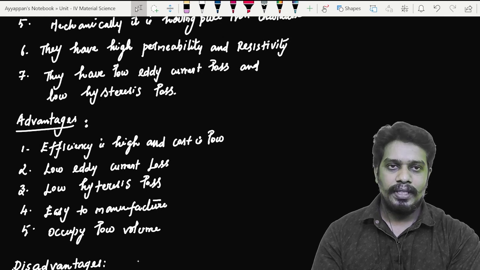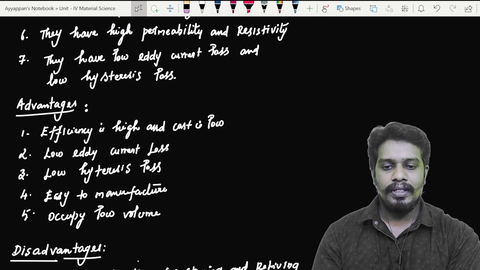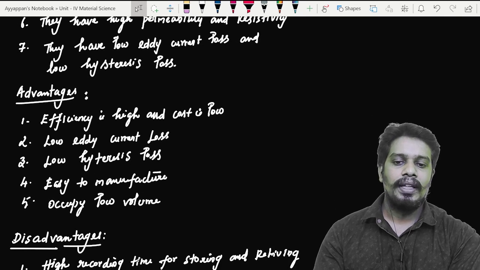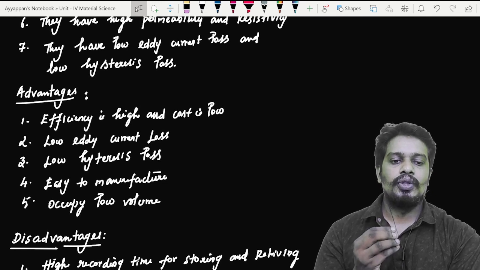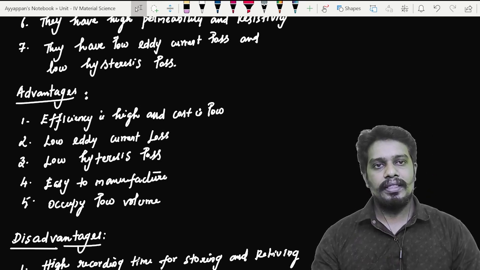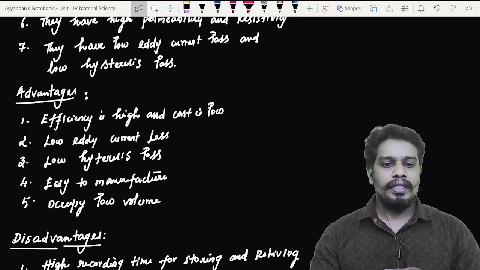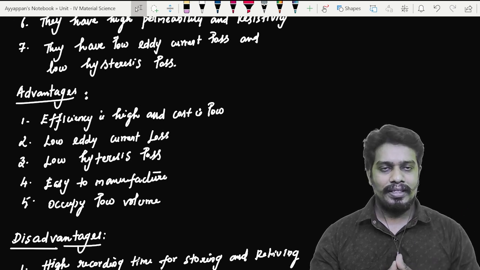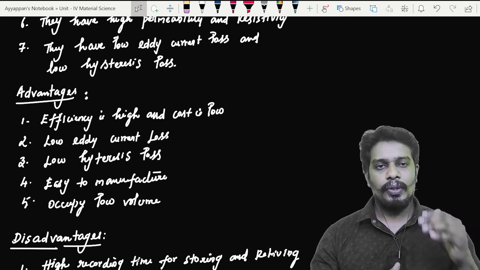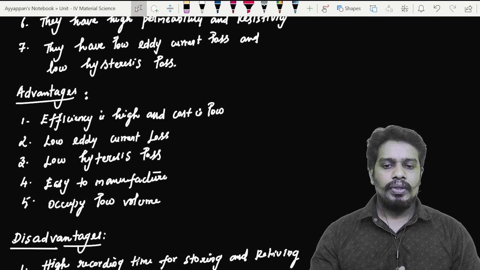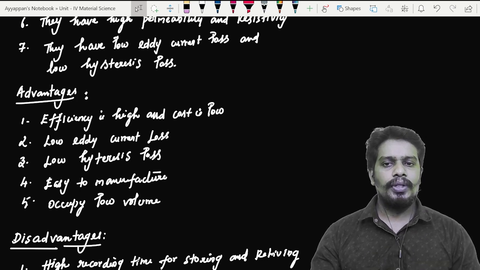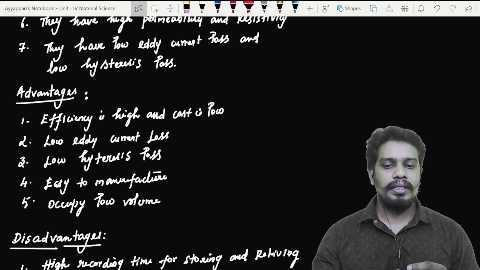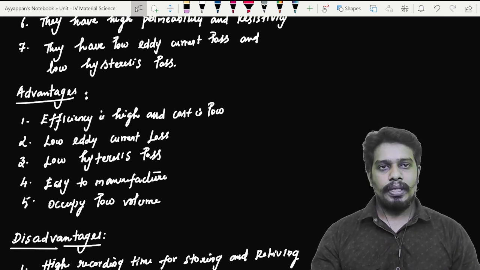The disadvantages of the ferromagnetic material, ferrites: the first point is high recording time for storing and retrieving the data. How it stores and retrieves the data is another in-depth concept, and we are not going into the depth. It uses the magnetostriction principle for storing and retrieving the data, but it is a very slow process.